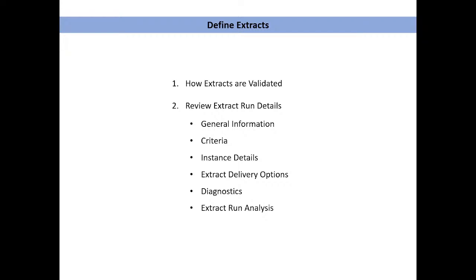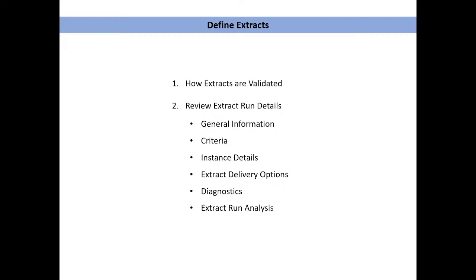You also have to ensure that if a sequence of the data group is defined, then the next data group is also defined for the processing. And the application also ensures that all fast formulas used in the extract exist and are compiled or valid. And also the application ensures that there are no issues detected during the BI Publisher validation.